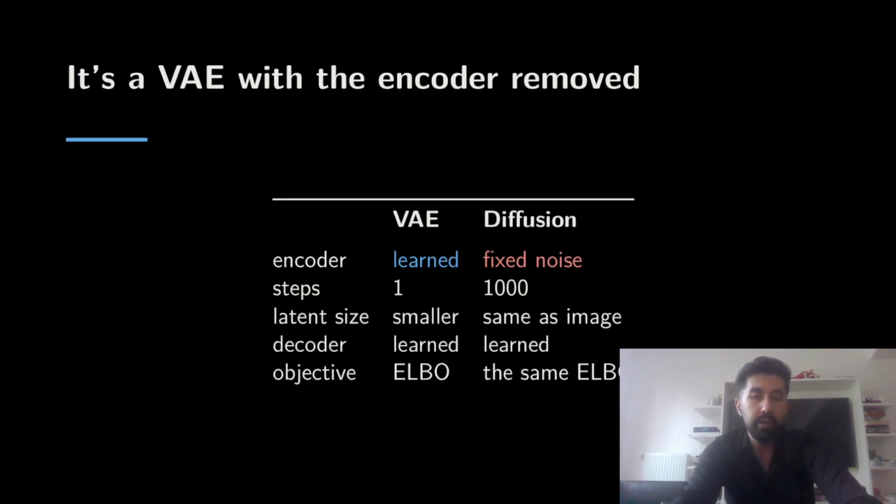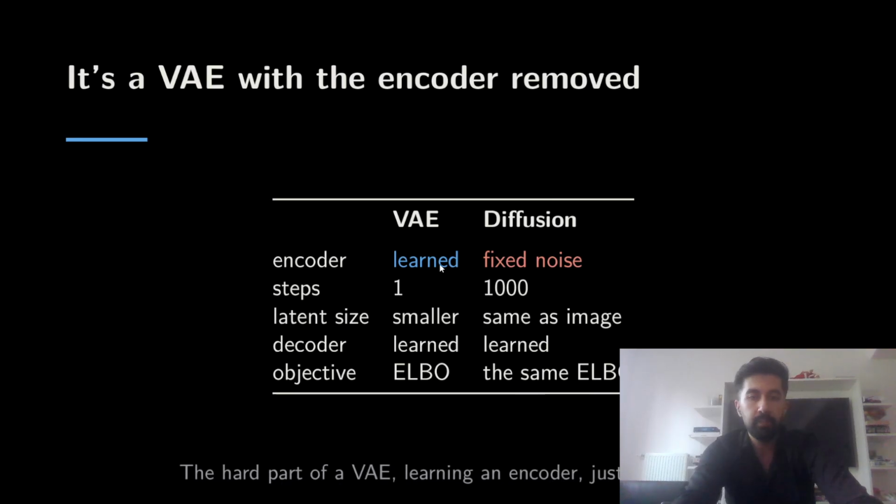If we want to compare it to variational autoencoders, basically in variational autoencoders we had an encoder that mapped an image to a latent space, and a decoder that basically sampled from the latent space and mapped back.